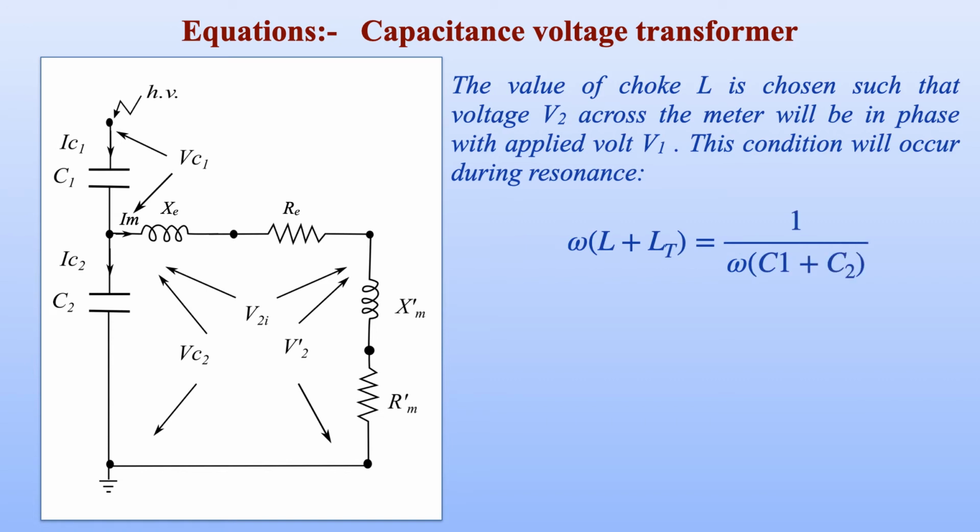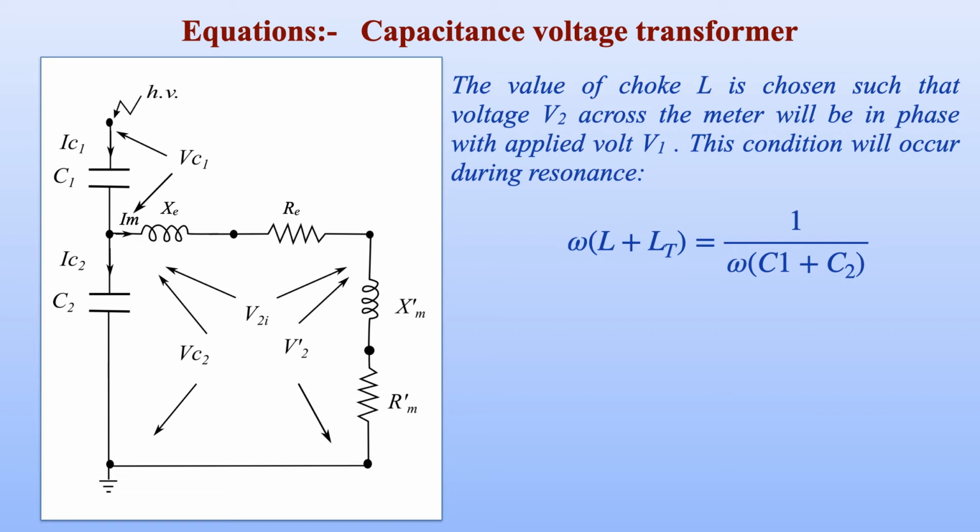So the condition for this resonance is represented here in this equation as omega (L plus LT), where L represents the choke inductance and LT represents the leakage inductance of the transformer, while on the right hand side the capacitance is decided by capacitors C1 and C2. So this is the condition for resonance.